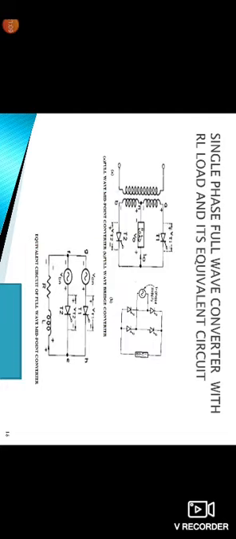The full wave bridge converter consists of a single phase supply, and four thyristors are used, connected to the load. In the equivalent circuit of the full wave midpoint converter, there are VA1 supply and VB1 supply, with T1 and T2 all connected to the RL combination, where R and L are connected across the output of the thyristor.